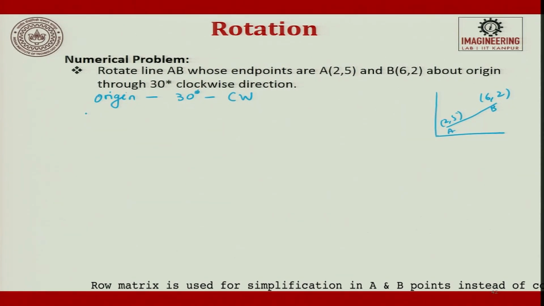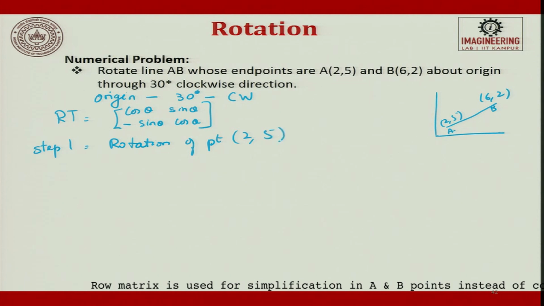So, now let us start writing the rotation transformation matrix. I call this RT, which is nothing but cos theta, sin theta, minus sin theta and cos theta. So, step 1 is the rotation of point 2 comma 5 by 30 degrees.